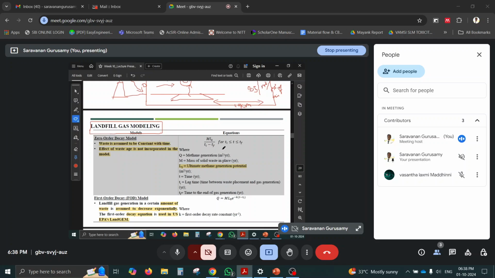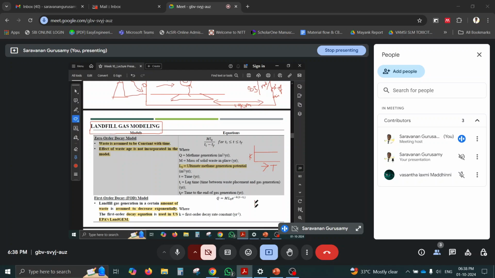Since this is a zero order model, the rate of decay does not change with time. The rate k will always be constant with time. So this is called zero order.